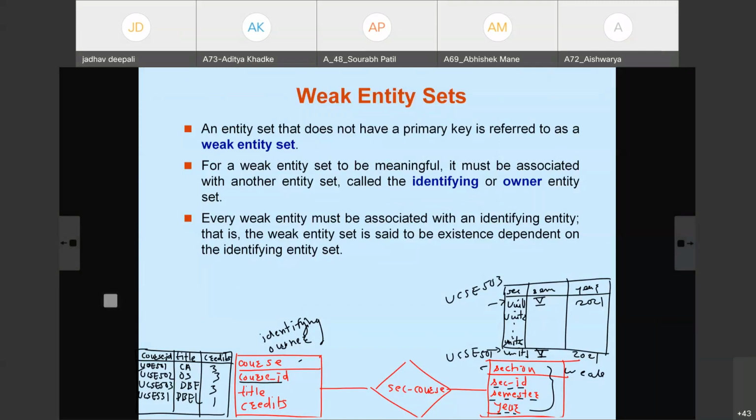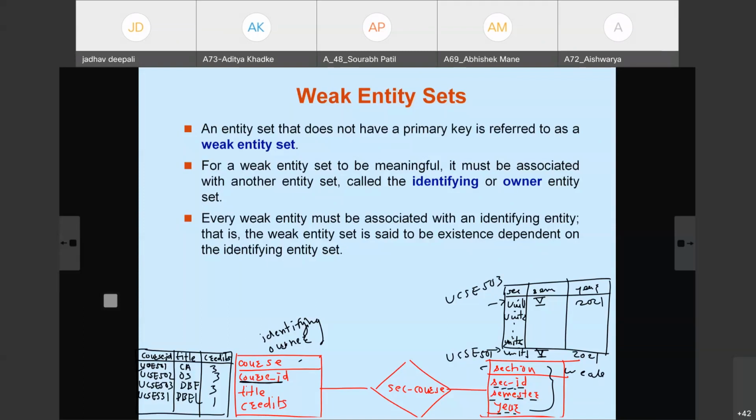Instead of primary key, it is known as discriminator. So in this section, all these three attributes together form the discriminator, and the discriminator is shown with a dashed underline. Here a solid line is used for primary key, and a dashed line is used, indicating the discriminator of that weak entity set.